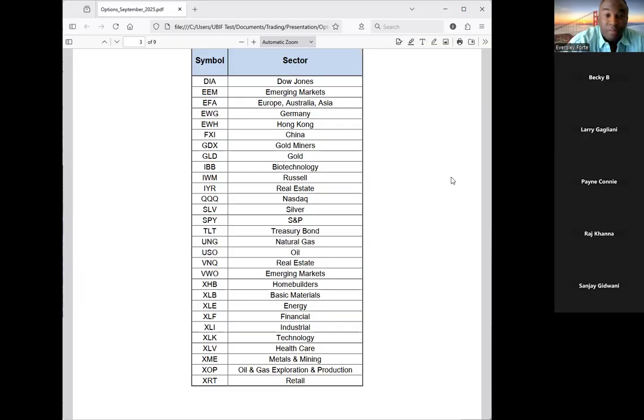I said, if you can find a way to trade these strategies in a better way than just buying calls and puts, here are all the rules. Find me a better way. And every single one of them came back and said, we could not find a way to spread trade these, just buy calls and puts.